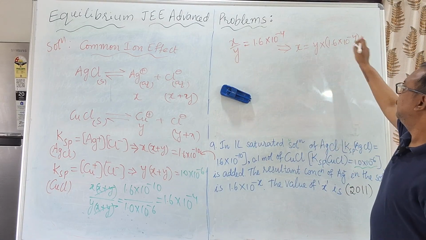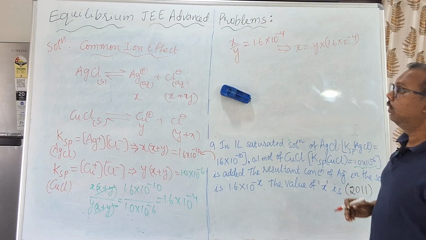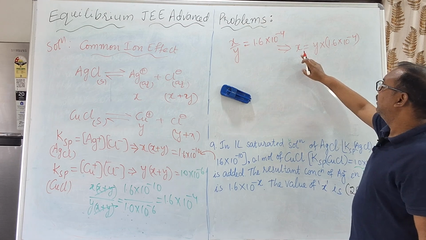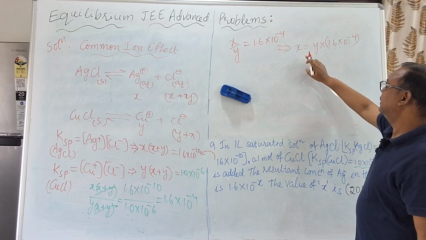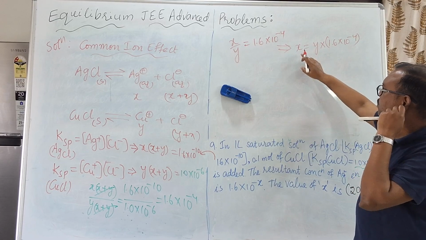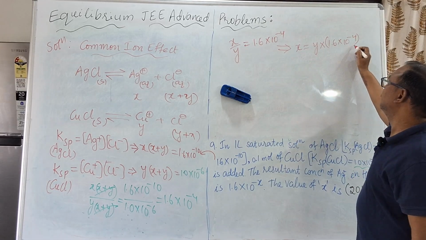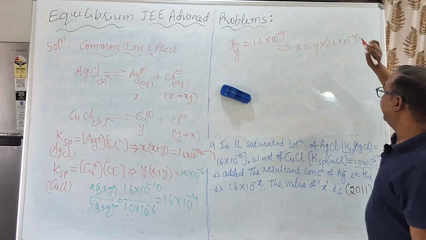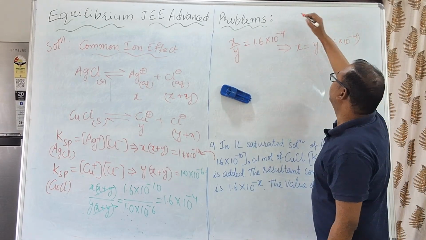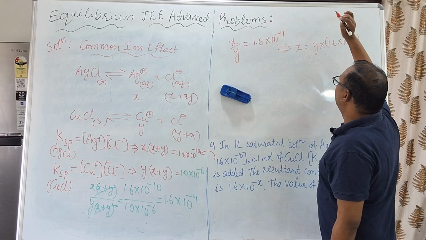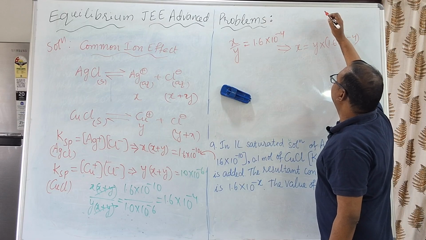From this equation, what can we conclude? Compared to y, x is very small. Why is it so? Because of the 10 power minus 4. For the comparison, assume y equal to 2.